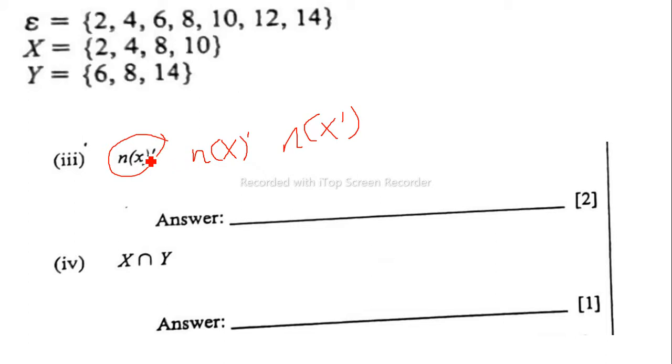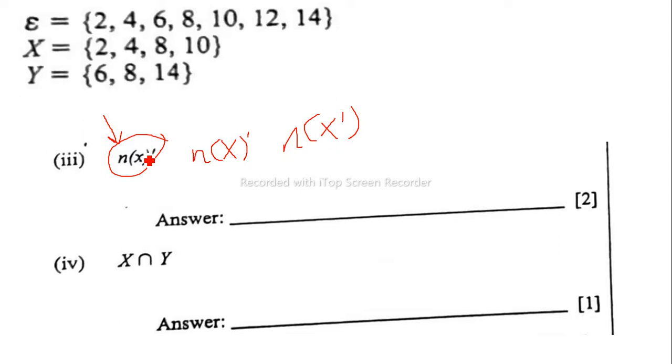The prime is supposed to be on the inside. Otherwise, I can't tell you what it means, because they're using a small x.